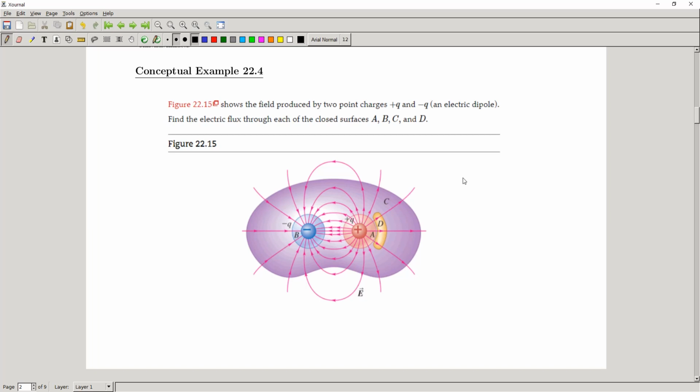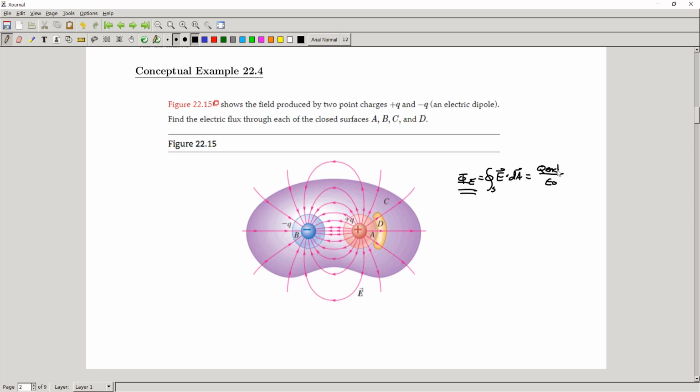Well, from Gauss's law, we know that whatever our surface is, the integral of E dot dA is equal to Q enclosed over epsilon naught. And we're looking for the electric flux.